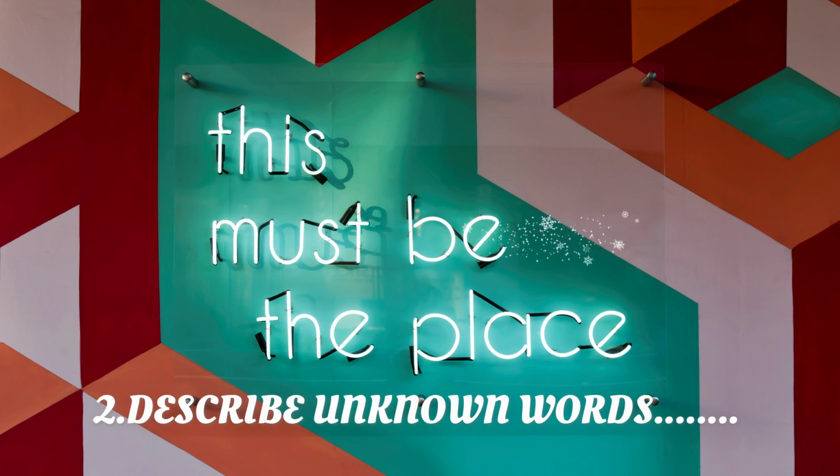The second exercise is to describe unknown words. What you have to do is start describing in your mind objects you don't know the words for, and you must be wondering, how is that possible? An example would be if you couldn't think of the word garage.